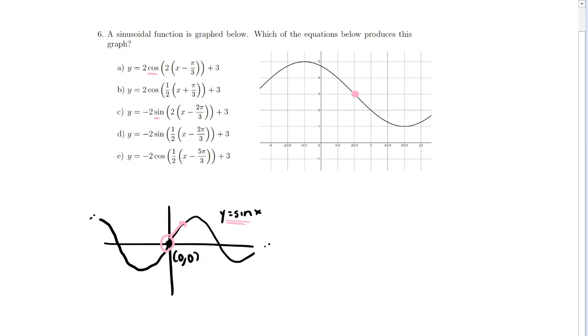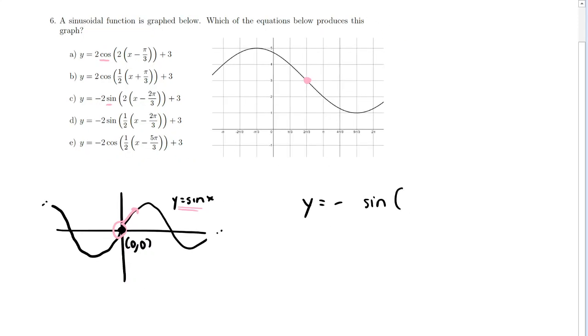So not only do we need to shift 0, 0 to the point 2 pi over 3, comma 3, we also need to reflect this graph vertically. So if this is a sine function, it's going to be negative, with some coefficient based on the magnitude, negative sine of something, plus some quantity for the midline.